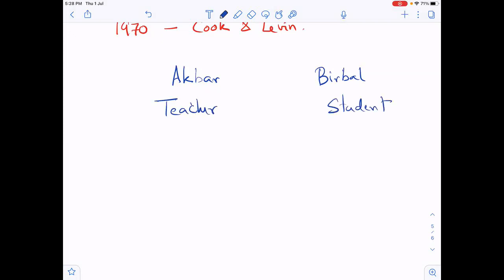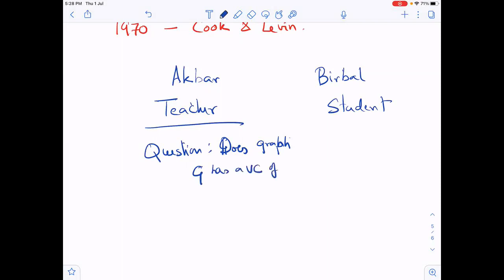So the teacher asks the question: does graph G have a vertex cover of size less than or equal to k? What does the student answer? The student answers yes.